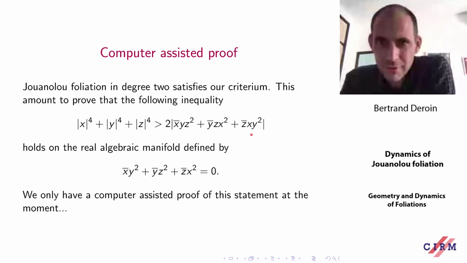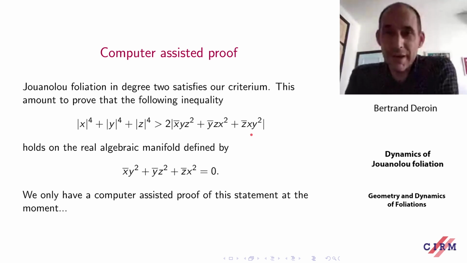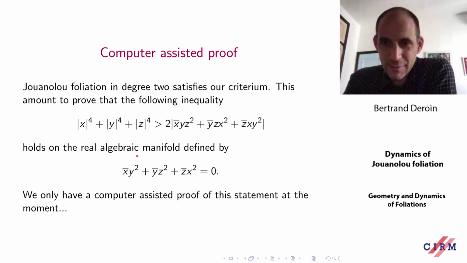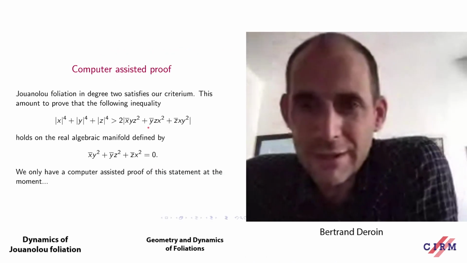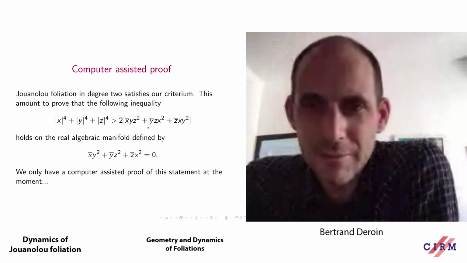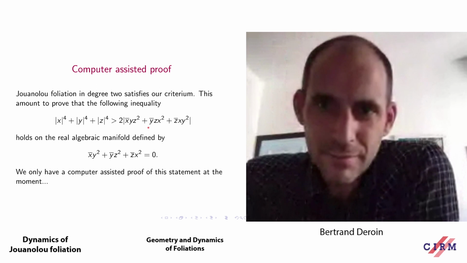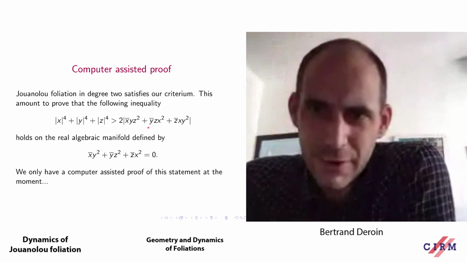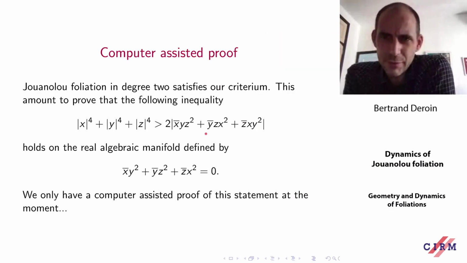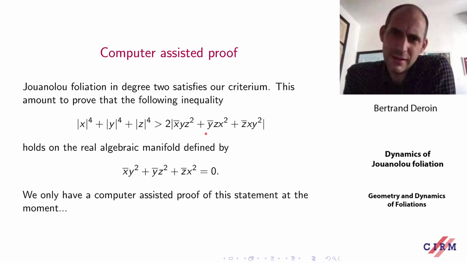What is not simple, in fact, is that we really tried a lot to get a proof that this equality implies this inequality, I mean a proof using some basic inequalities, but we never succeeded. So the only proof that we have is computer assisted.